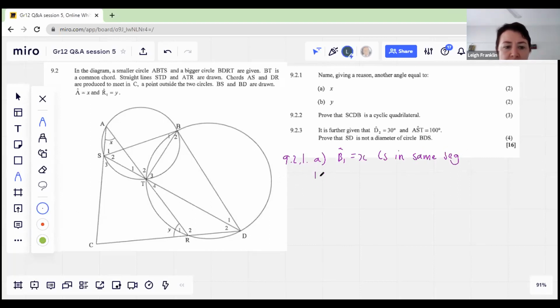Okay, then 9.2.1 part B, another angle that's equal to Y. Okay, again, I'm not going to tell you. Let's see what you guys come up with. What do you think?